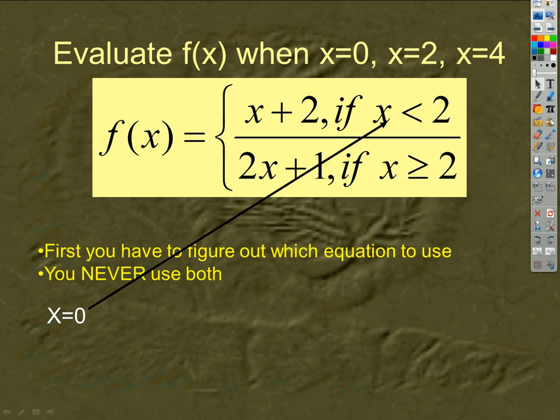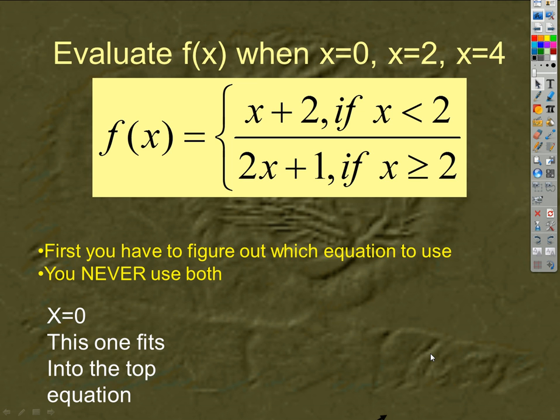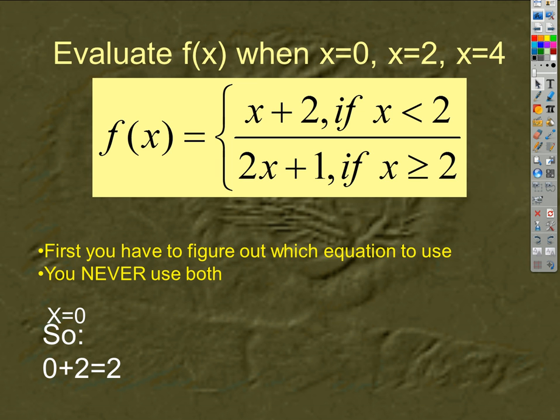So that means that the top one is the equation that is switched on. And that's what I would plug x into, right? So I get back a value if I do that. If I plug 0 in for x, I'm plugging it into the top one, and I get 0 plus 2 equals 2. That's my answer. The value of the function when x is 0 is 2.